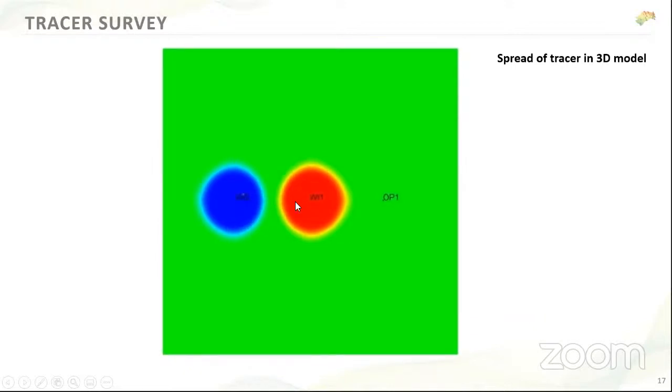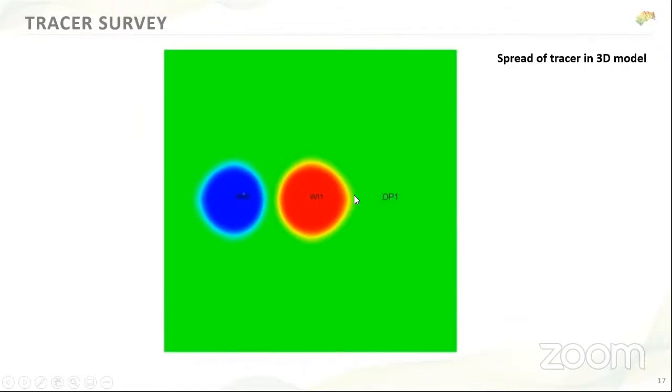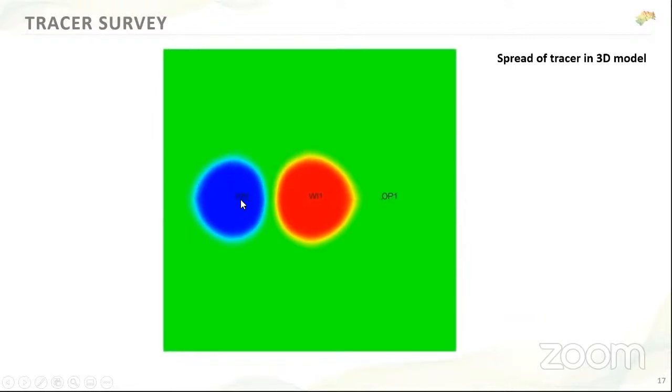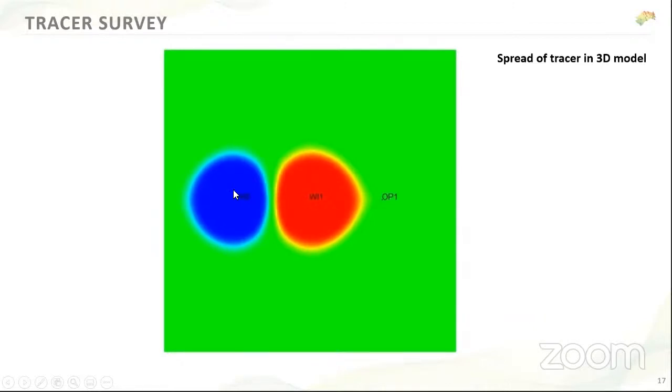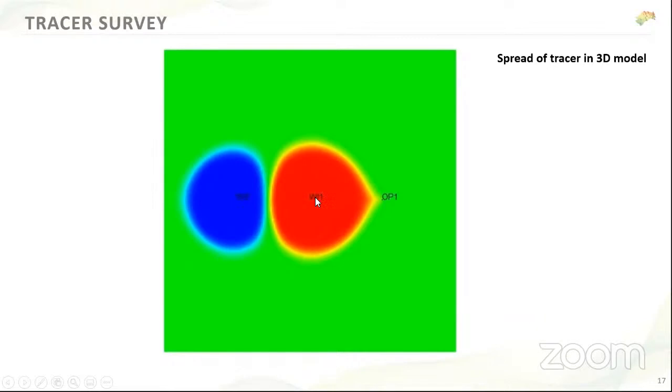And because the injector rates are the same and pressure increase by both injectors is the same, the tracer from the closest injector would be able to finally go to the producer, but tracers injected into well number 2 would never be able to go to the producer. So the tracer would demonstrate there is no connection between well number 2 and well P1.